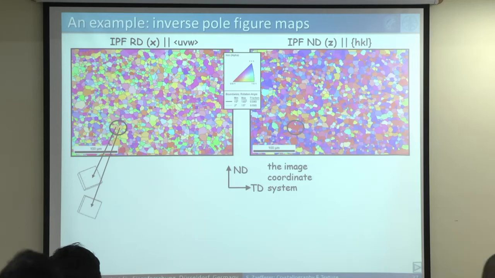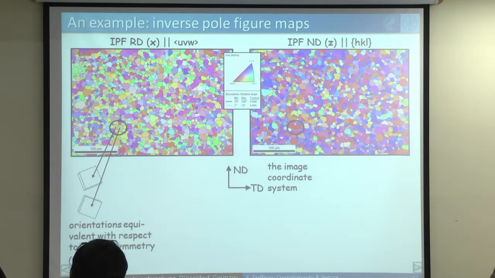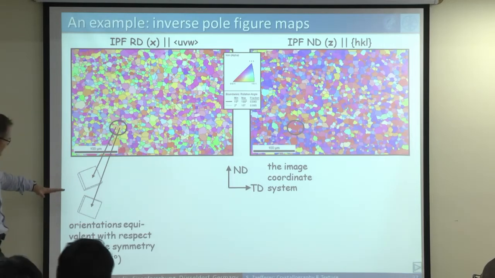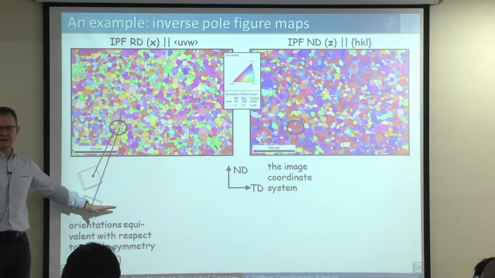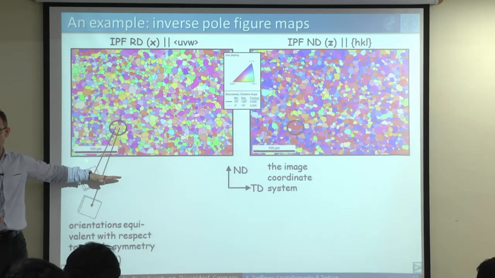It's clear. And what I want to show now is I plotted for these yellow grains the orientations here, and for these yellow and red grains the orientations, and I calculate the misorientation, and it's 44.8 degrees. And you say, similar color, shouldn't that indicate similar orientation? This is a trouble, because similar color means only symmetric directions. One here is, I don't know which orientation it is, but this one is probably a 1-3-0 direction, and this is probably a 3-1-0 direction.